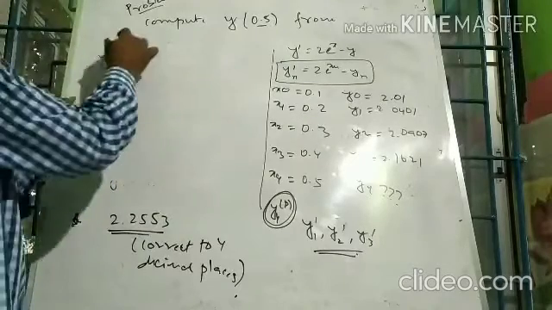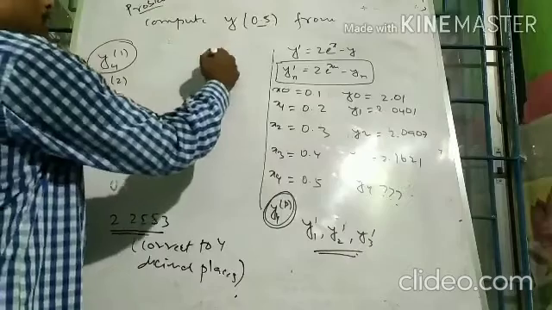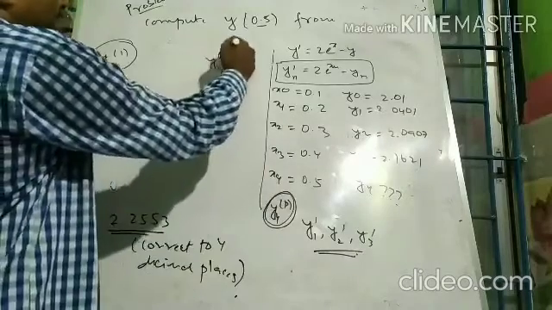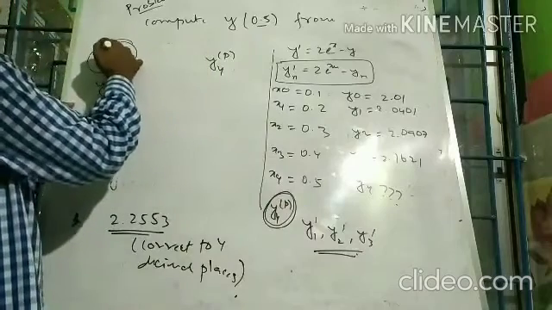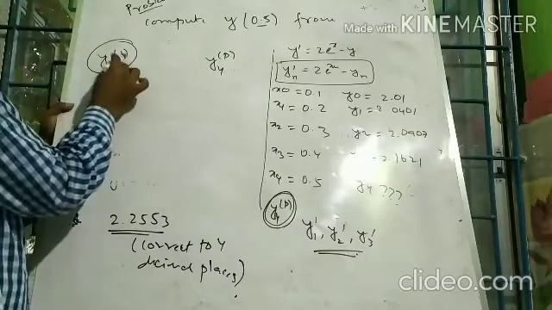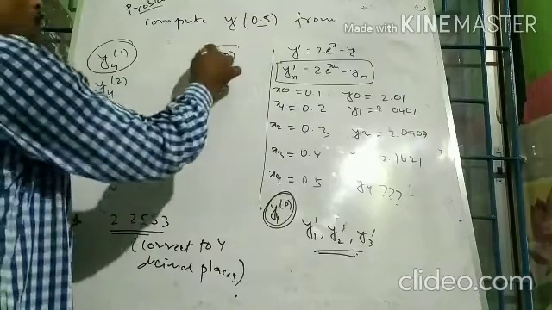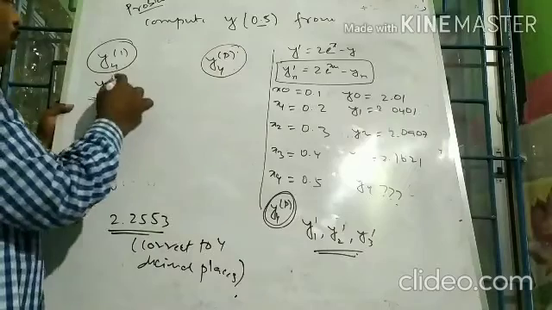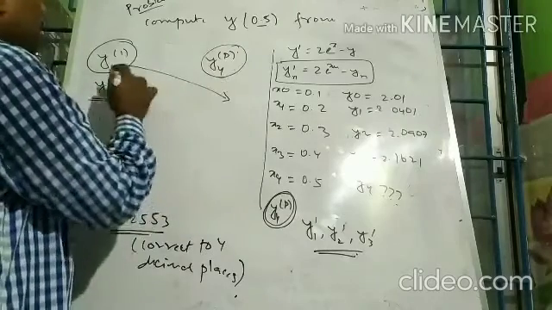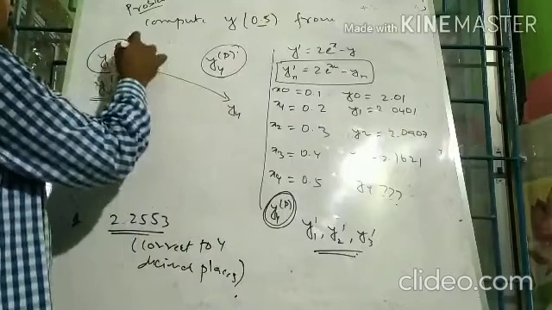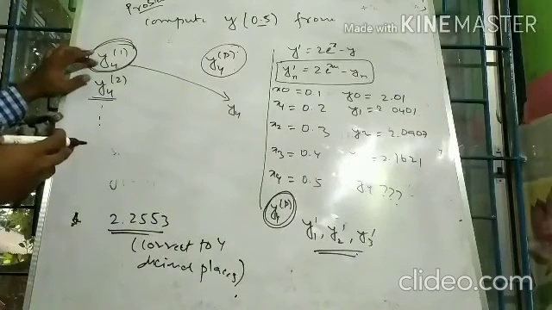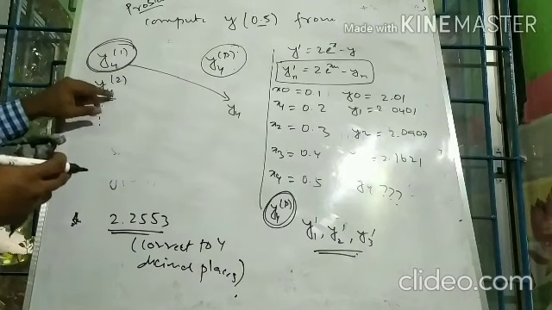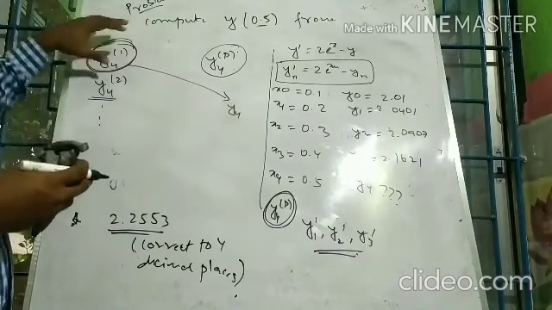For y41, use y4p in the formula. For y42, use the first iterative value of y4 in the corrector formula.